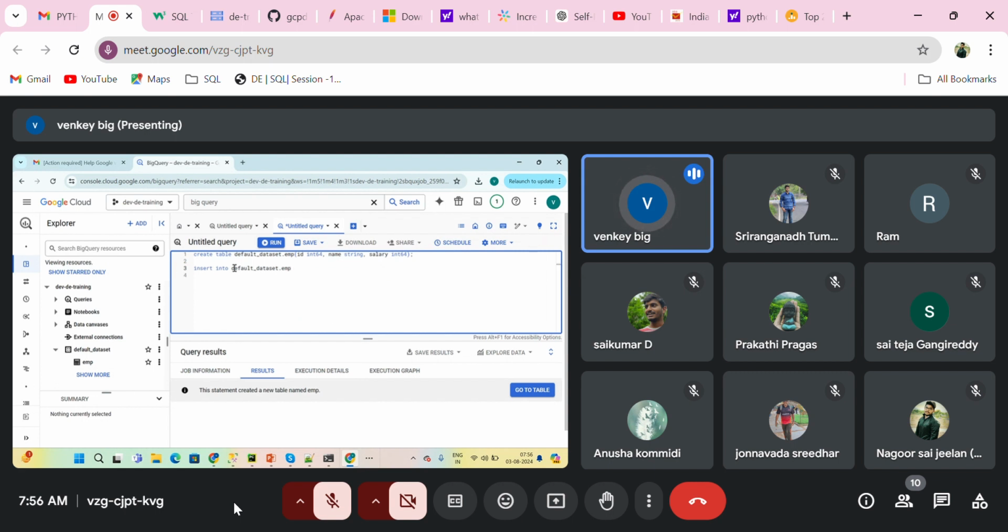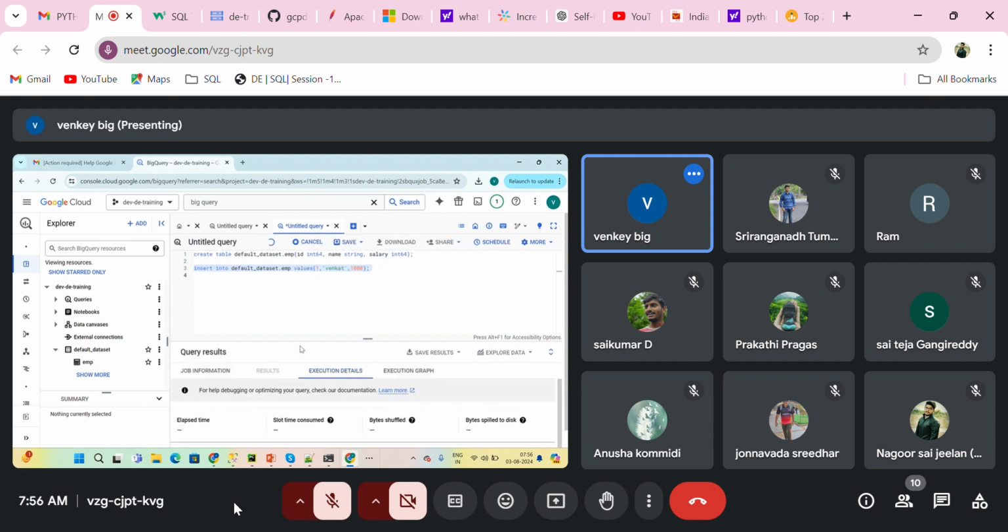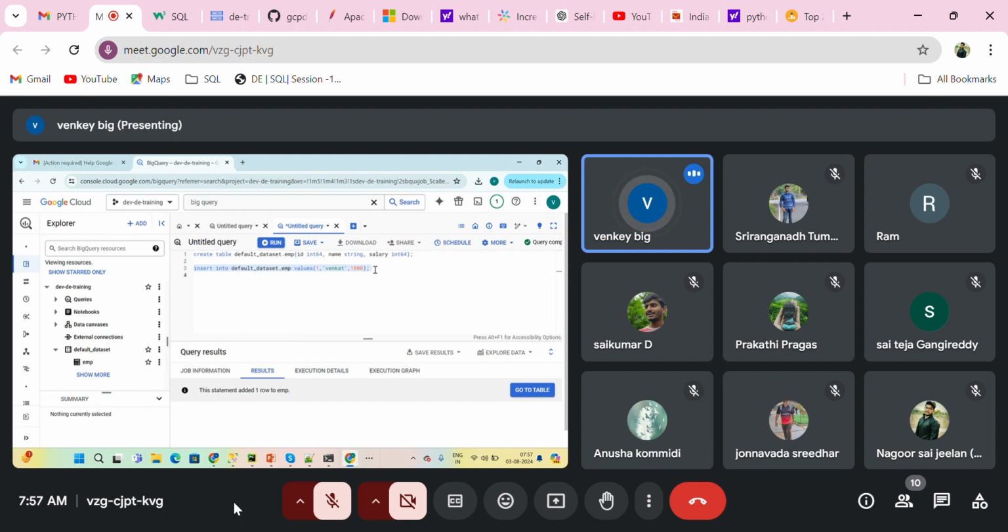You need to find out the equivalent function in BigQuery. Okay, so insert into values, one, Venkat, salary is 1,000. See here, it got inserted, and you can always query your table.